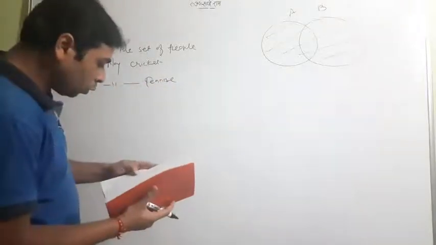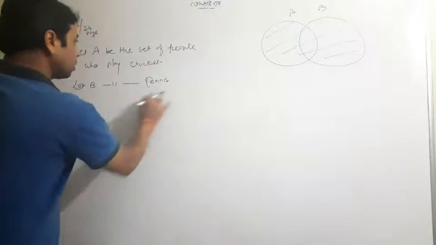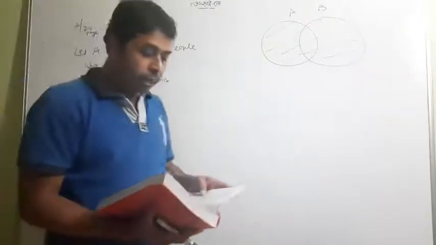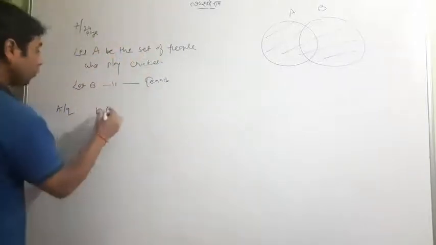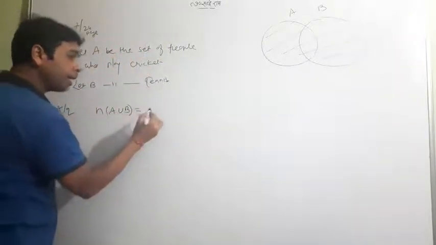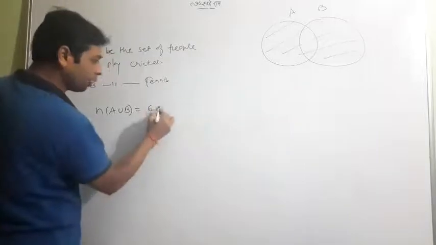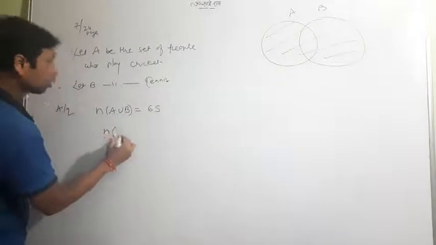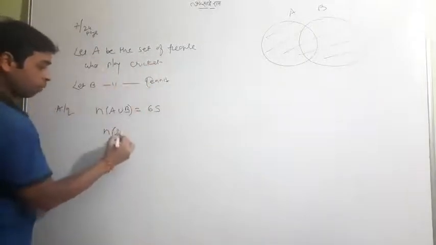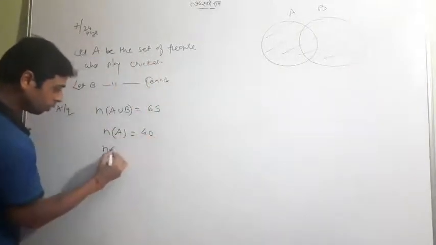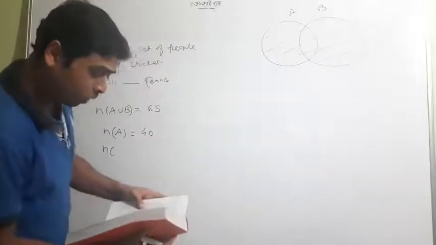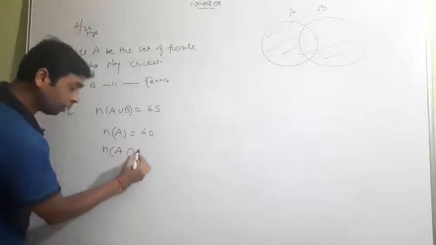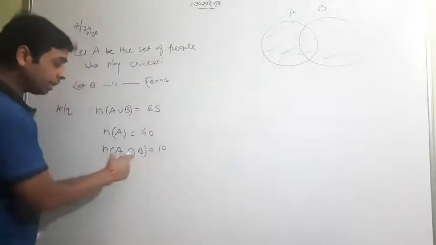So students, as per the question, what is it? First sentence, in a group of 65 people, meaning all the combined players are equal to 65. And one more, 40 like cricket. Cricket is A. 40 like cricket. Read more. 10 like both cricket and tennis. Both meaning intersection. 10 like both.